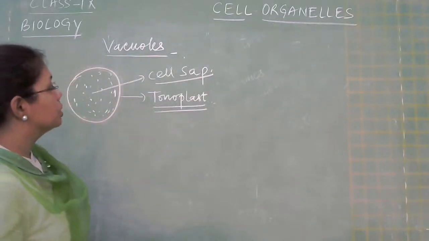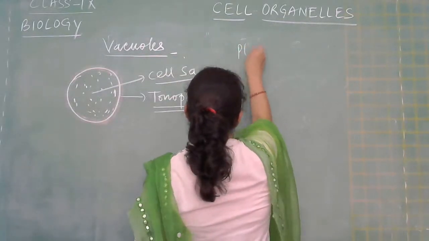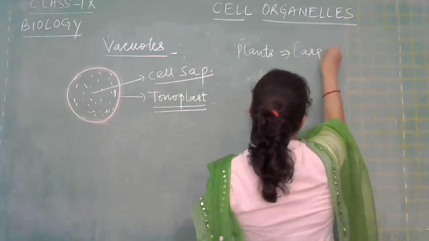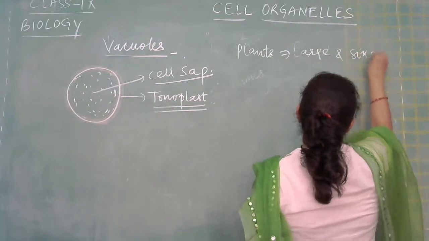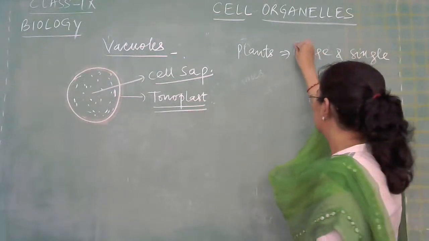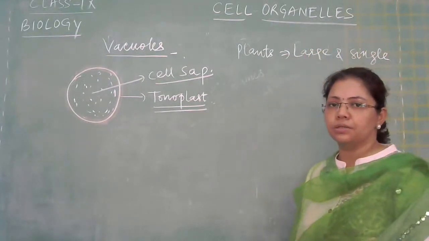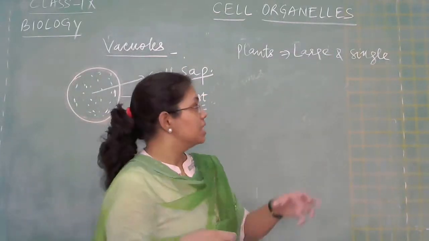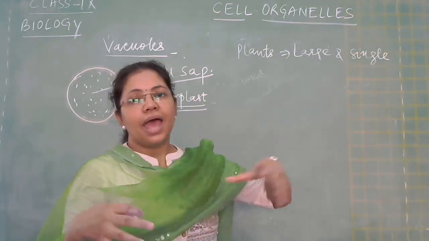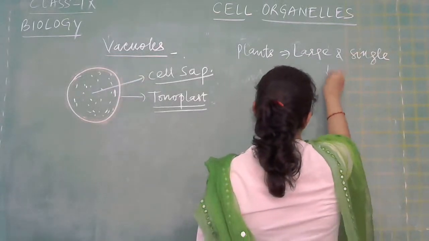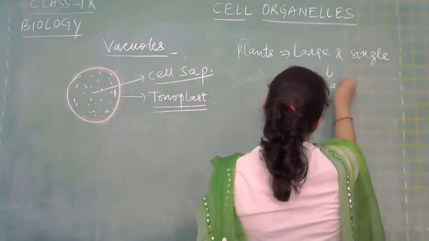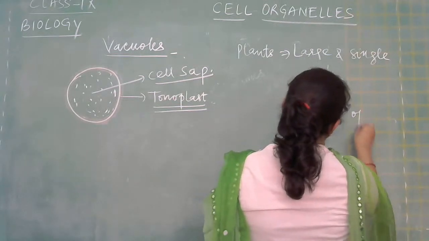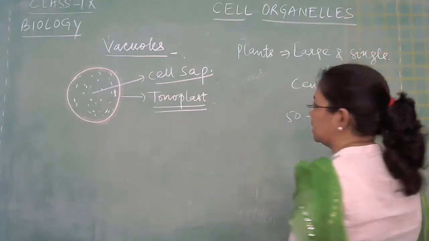Now these vacuoles, in case of plants, are generally large and single. In most plant cells, the vacuoles are large and single, and in most cases central in position, occupying 50 to 90% of the volume of the cell.